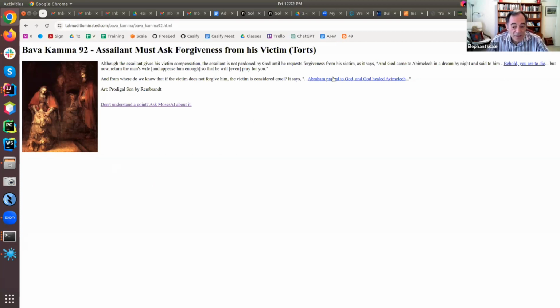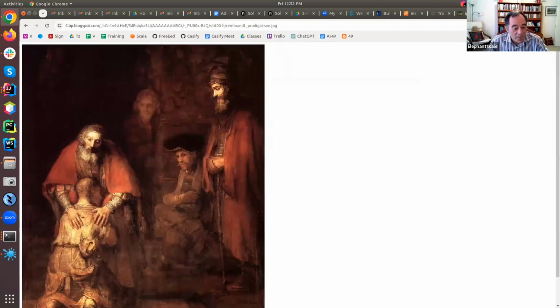And in fact, even in the Bible, you find that Abraham was wronged, but then he prayed to God and God healed. Only then God healed, and before he didn't. But the illustration that my wife showed here is amazing because she always has a point of view that is different from what the text says.